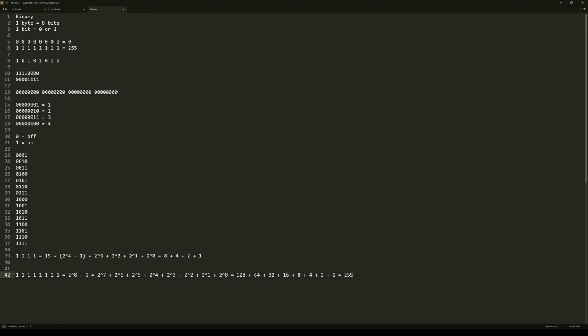And then of course this will take a for loop and it will be equal to 255.